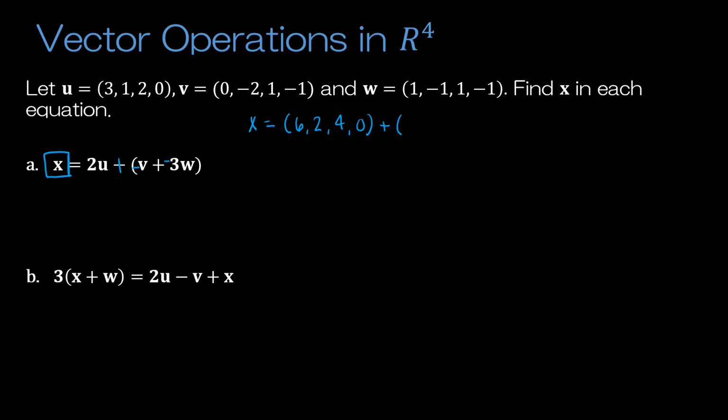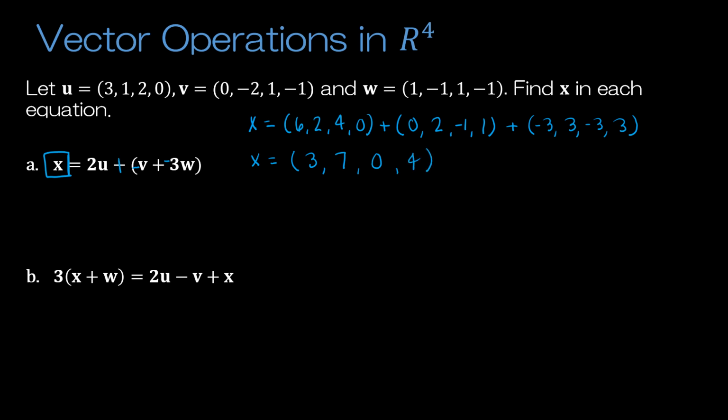So I'm going to add a negative v, so 0, positive 2, negative 1, positive 1, and negative 3w, so I'm going to take w times negative 3, and that's going to give me negative 3, 3, negative 3, 3. So my final solution is just to add component-wise, which is 6 plus 0 plus negative 3, 2 plus 2 plus 3, 4 plus negative 1 plus negative 3, and 0 plus 1 plus 3.